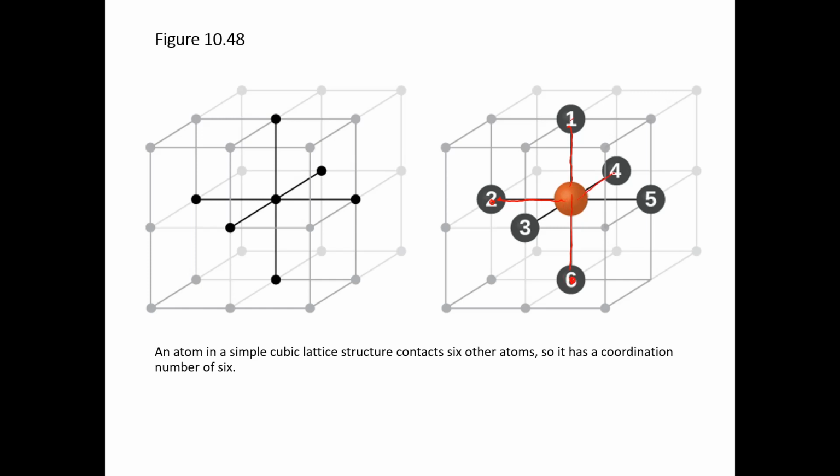And then it's connected to 3 of the spheres in its own unit cell. So it's directly connected to 6 other spheres. Because of that, we say that a sphere in a simple cubic lattice has a coordination number of 6.